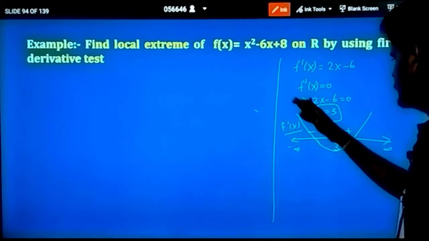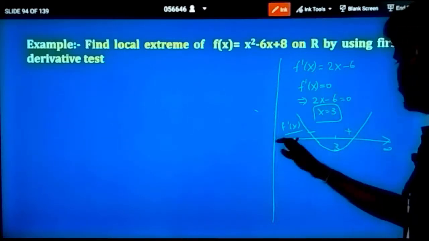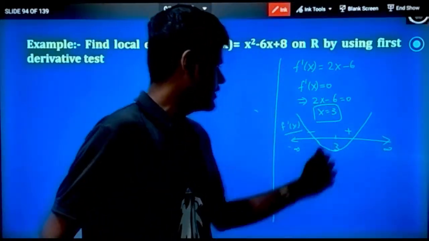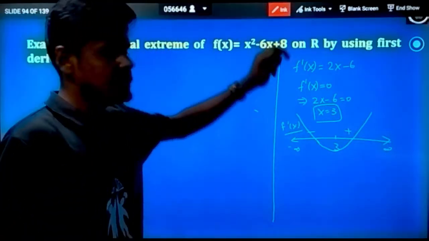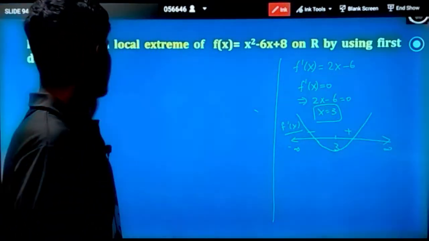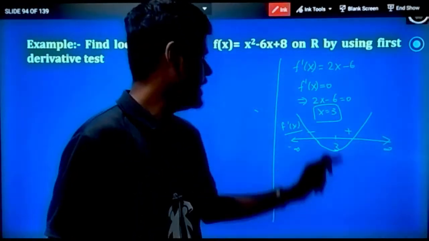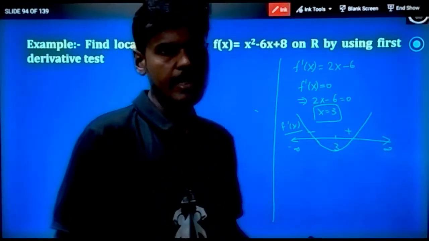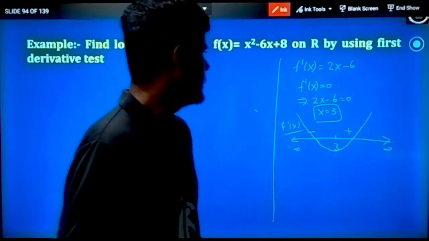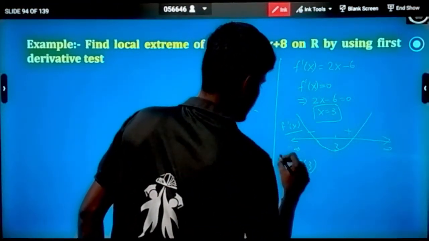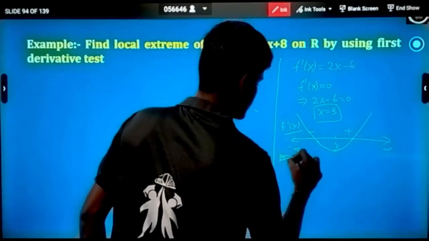And f of x is decreasing in this interval, minus infinity to 3, and again it starts to increase after 3. So this is the understanding. Clear now? So the local extreme point is x equal to 3, and its minimum value will be f of 3. So f of 3 is the minimum value, the minimum of f of x.